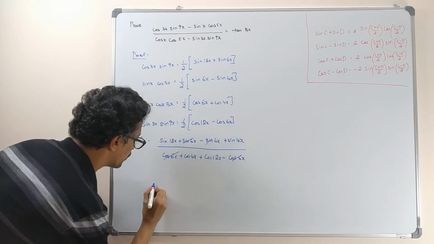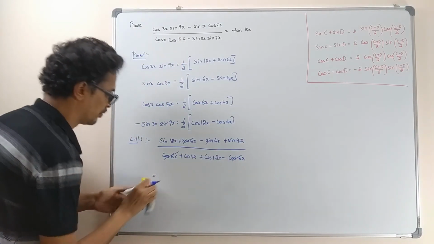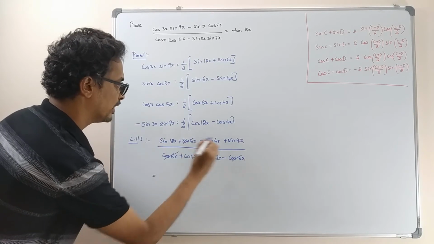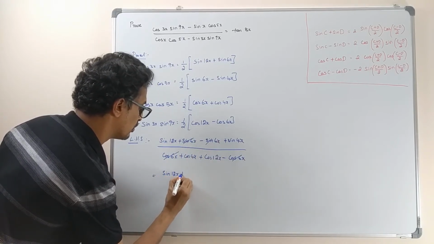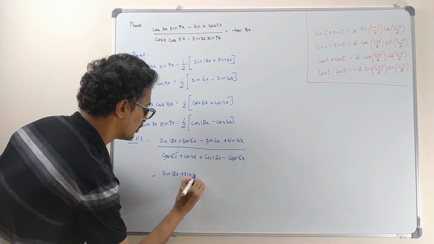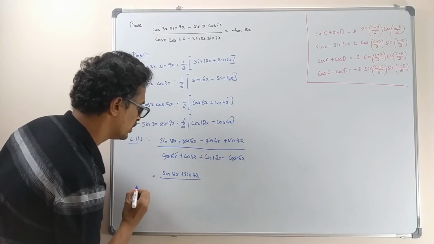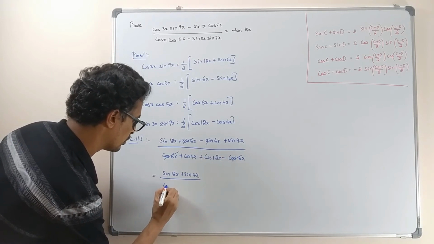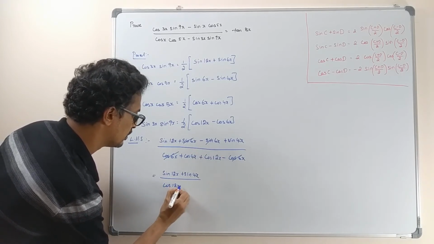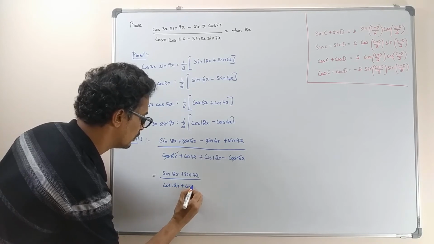So this is going to be sin 12x plus sin 4x divided by cos 12x plus cos 4x.